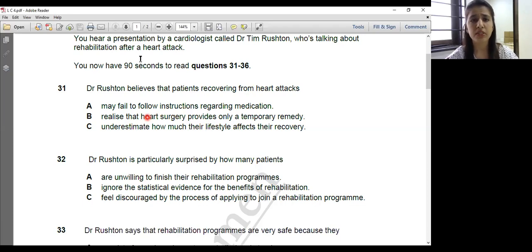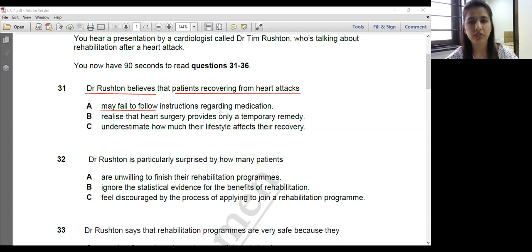So now I have read the question, and it says Dr. Ruston believes. That means this is about his belief. The patients recovering from heart attacks, and if I read the answer choices, may fail to follow instructions.